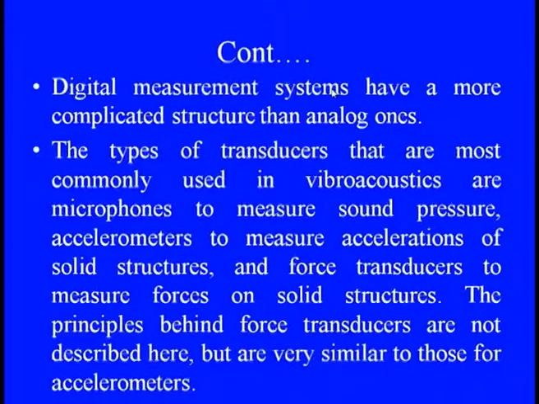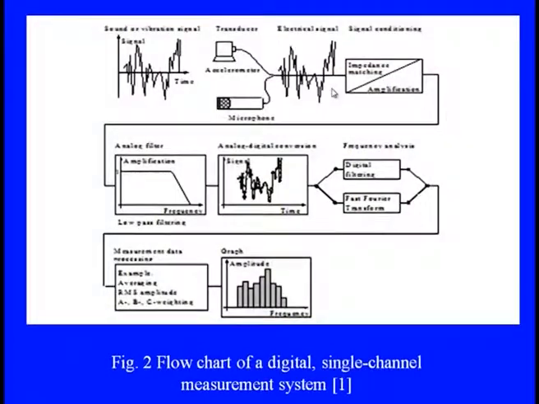The principle behind force transducers is not something to describe here, but mainly how the forces are generated, because we can even get those inertial forces through the accelerometer also. So, this is what it is.